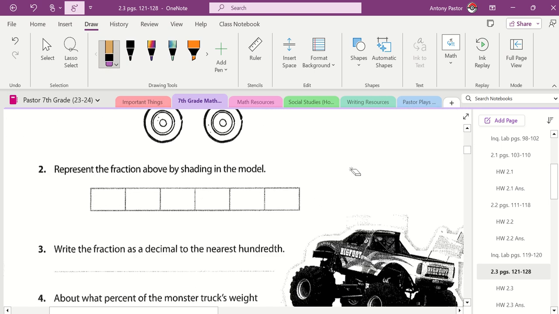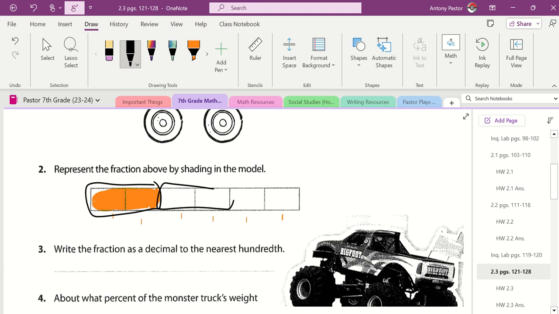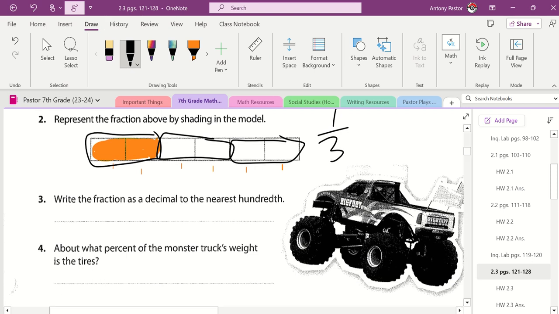Represent the fraction above by shading in the model. It would be 2 out of 6. These are 1, 2, 3, 4, 5, 6. So it would be 2/6, or if I were to group these all by 2's, it would be 1/3 of the truck weight is being made by the tires.